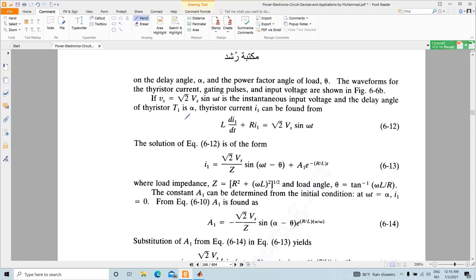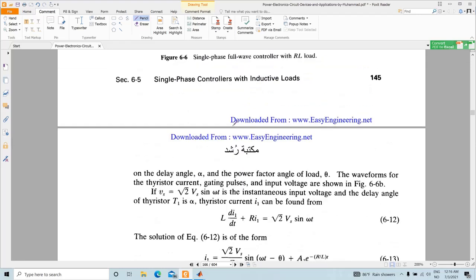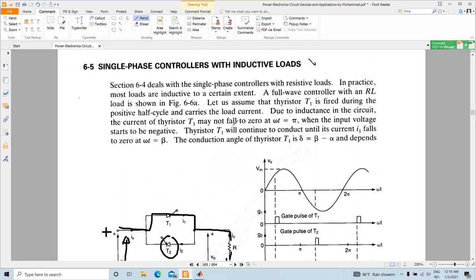Okay, so if you look here, in practice most loads are inductive to a certain extent. A full wave controller with RL loads is shown here, and T1 is fired in the positive half cycle and carries the load current. Due to the inductance of the circuit, T1 may not fall to 0 at omega t equals pi.